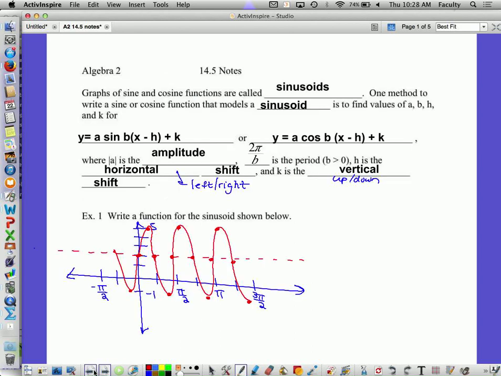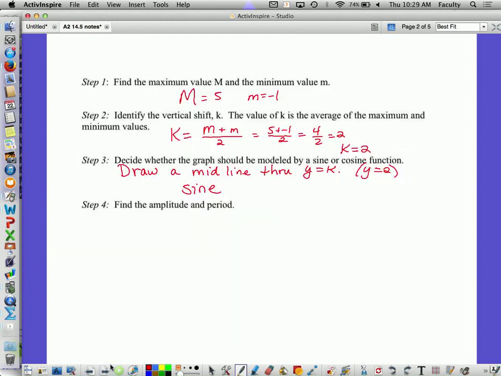The amplitude, remember, is from that midline, how far up and down are you moving? What is that number? 3 units. Now, since it goes up 3 first, a is positive. If it had been crossing here and went down 3, a would have been negative, okay? But since it went up, a is 3.